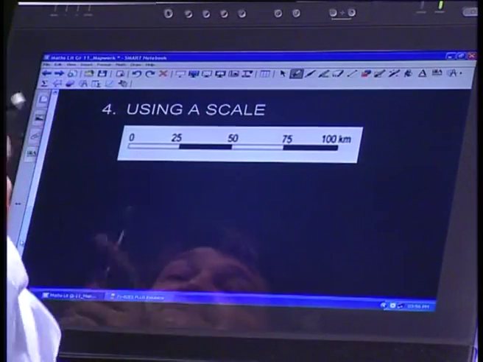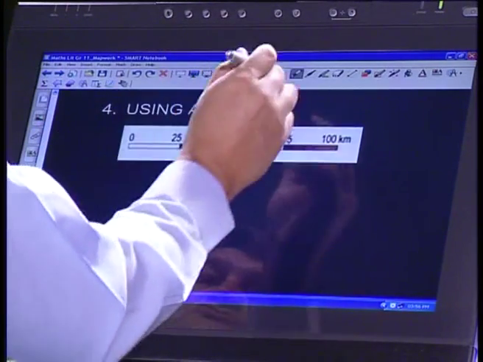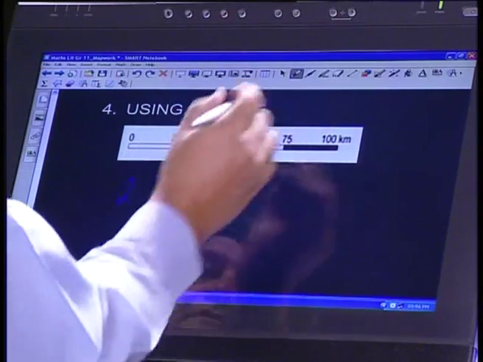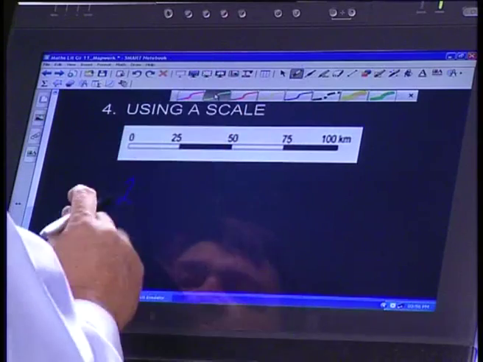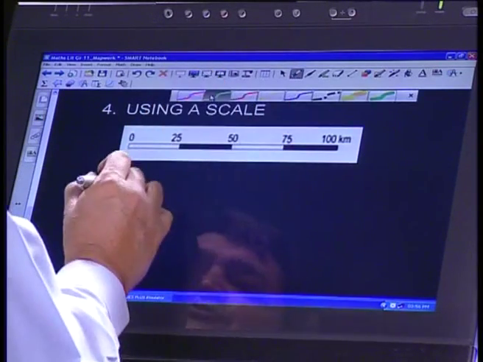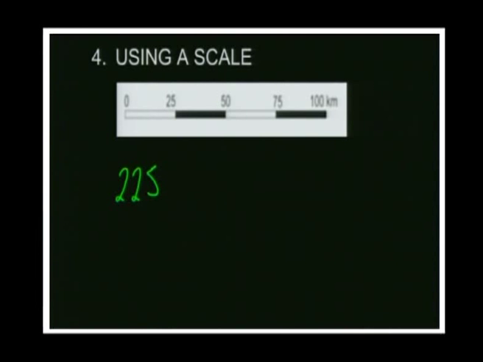Okay, so what I'm telling you is this, 225, so let's change the color to something we can see, 225 millimeters represents 100 kilometers.